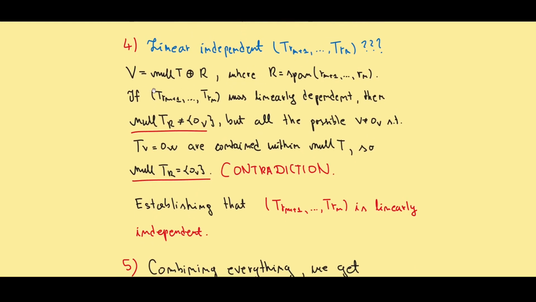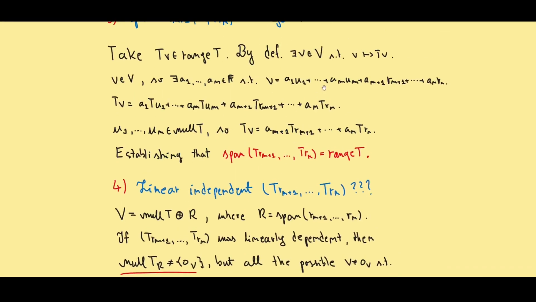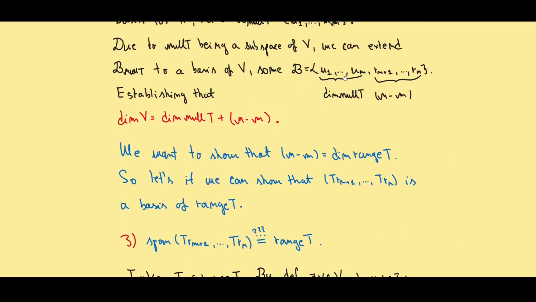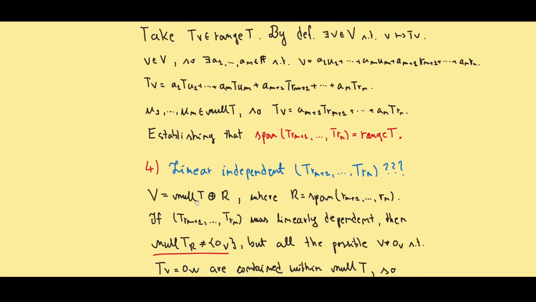So, the way we set up things, we have that V can be split up into two subspaces. We have our nullity subspace, which is generated by all the vectors u1 to um. So that's the basis of this space.